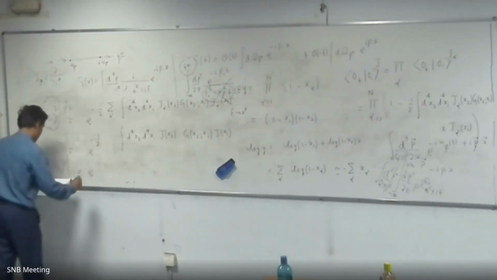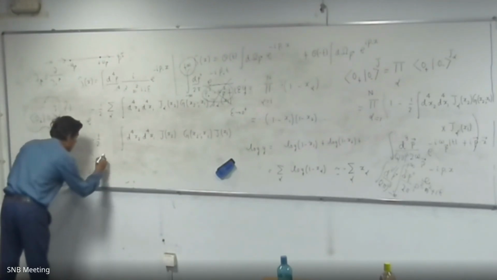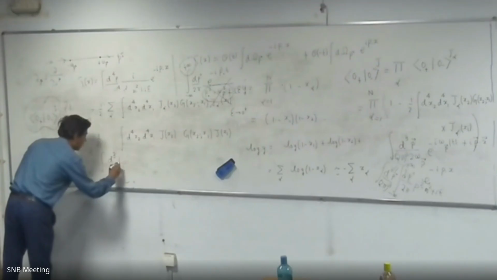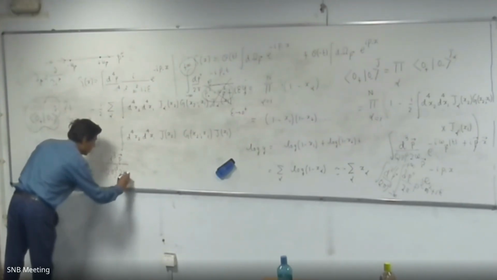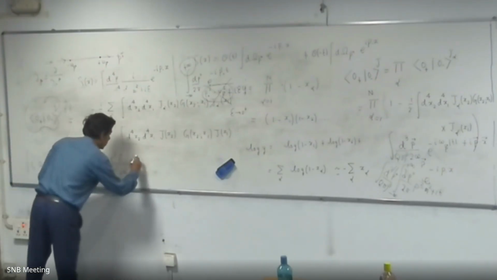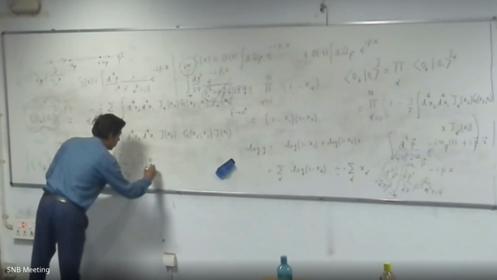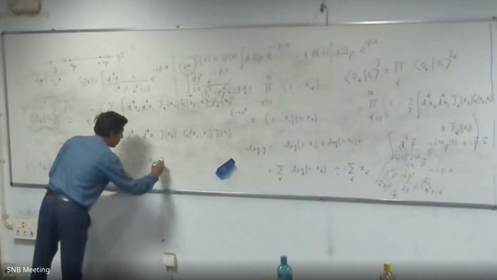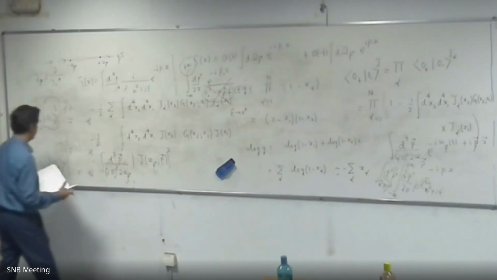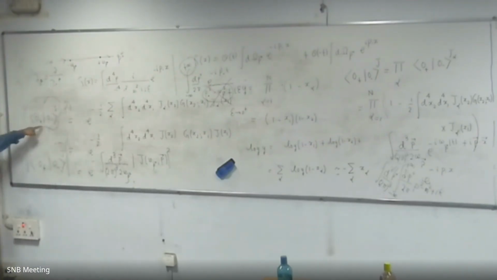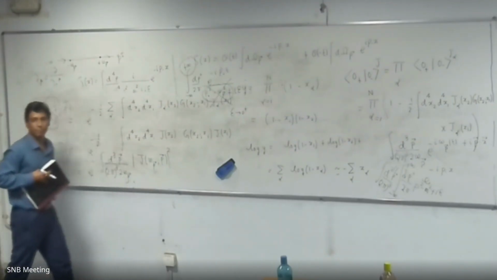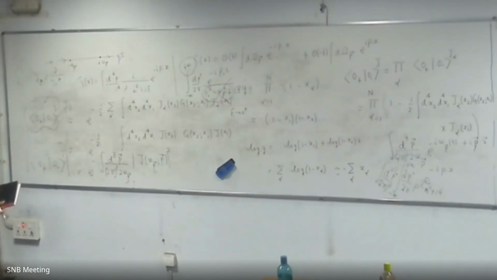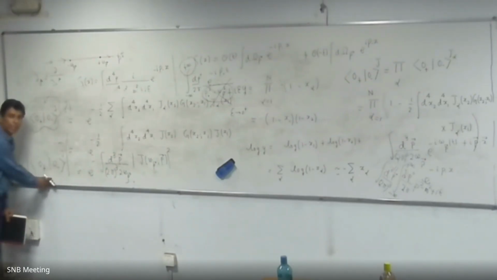This is given by e to the power of minus the integral of d cube p by (2 pi) whole cube, 2 omega p, mod j(omega p, e vector) mod square. If you calculate the mod square of this expression, you will see that it is equal to this. Now this definitely has a probabilistic interpretation.